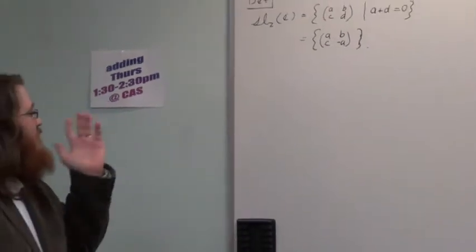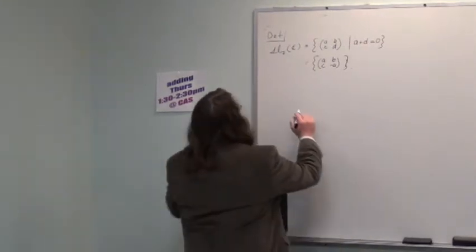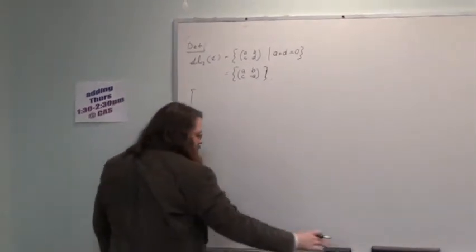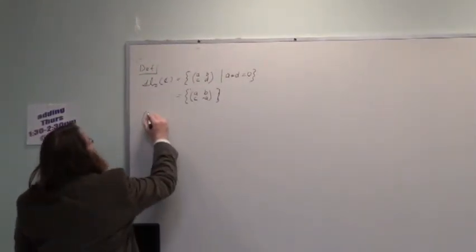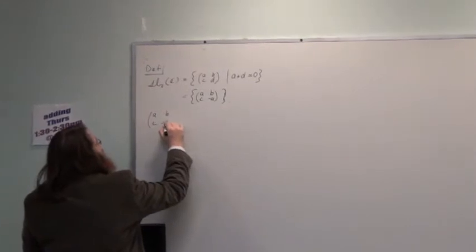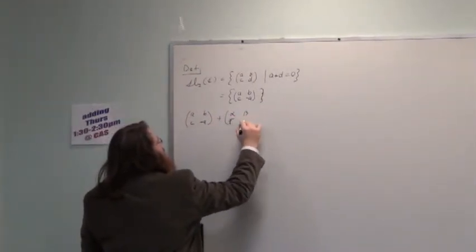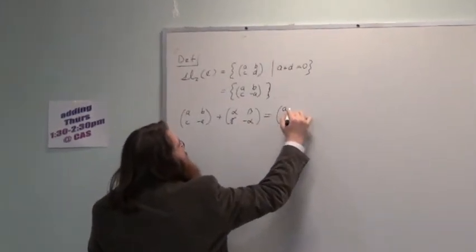Up until now, we're just talking about matrices, but what makes this different is the following thing. Well, first of all, we can add two matrices of this form. And we end up with a matrix that has the same property.